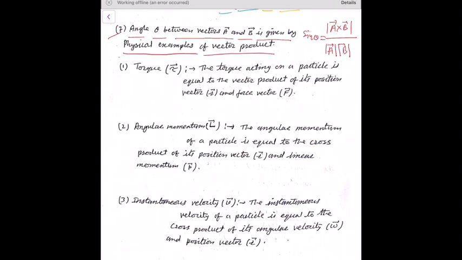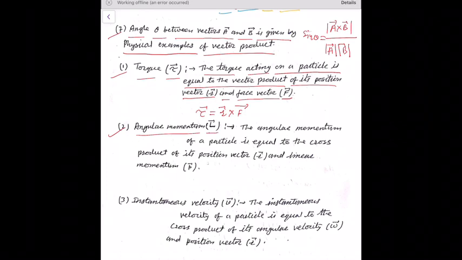Next, physical examples of vector product. First, torque. The torque acting on a particle is equal to the vector product of its position vector r vector and force vector f vector. Thus, tau vector is equal to r vector cross f vector.